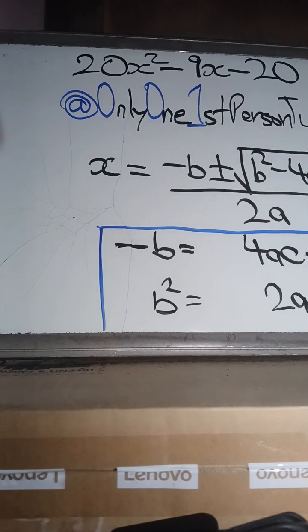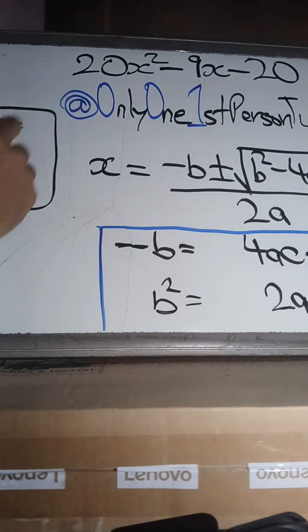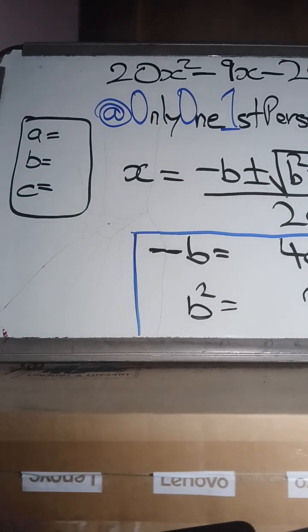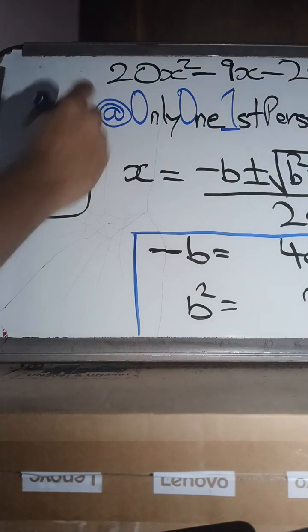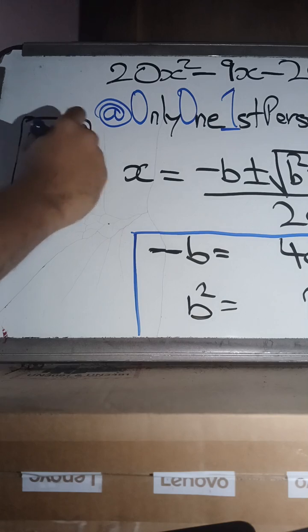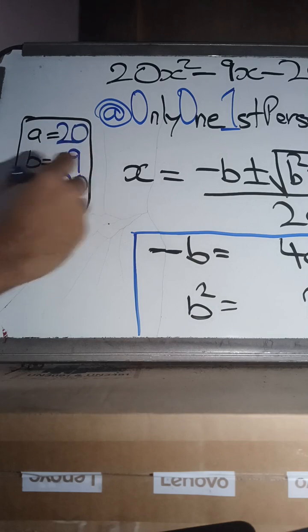So let me just write that. We need A, we need B, and we need C. Why? I thought I had enough space. There we go. That's what I wanted. All right. So the A being 20, the B being minus 9, and the C being minus 20.